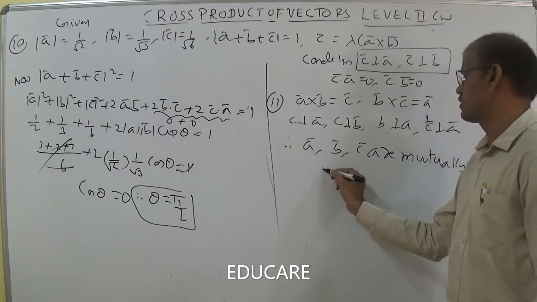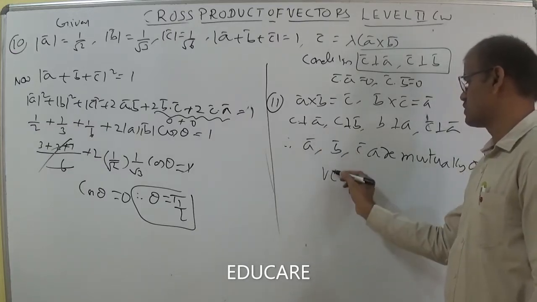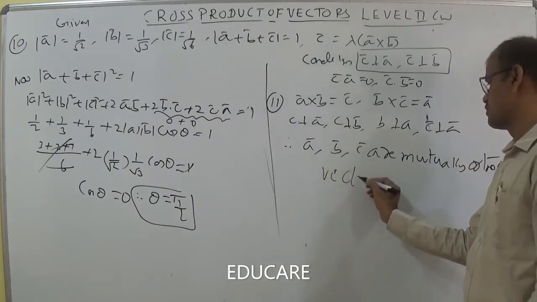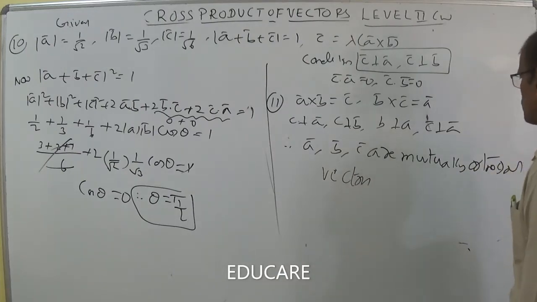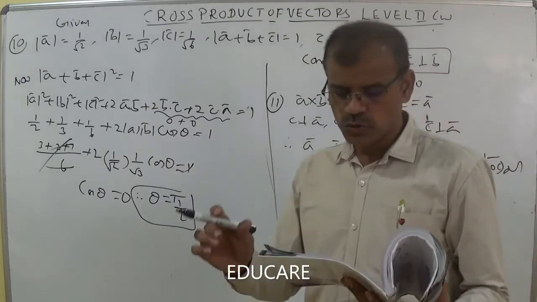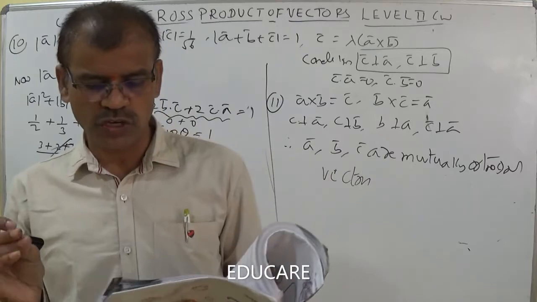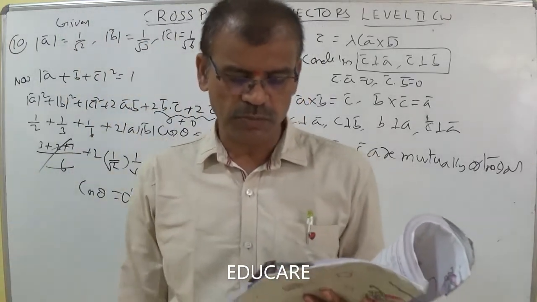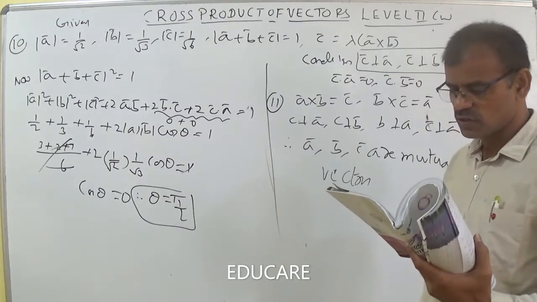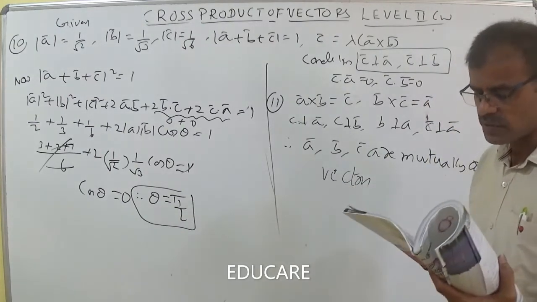Mutually orthogonal vectors. Whenever A cross B is equal to C is given, you should understand the concept I cross J is equal to K. Now I am saying A bar, B bar, C bar are mutually perpendicular. Mutually perpendicular means orthogonal pairs, and total 2 options are there.